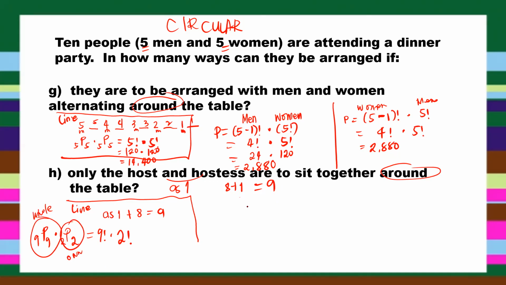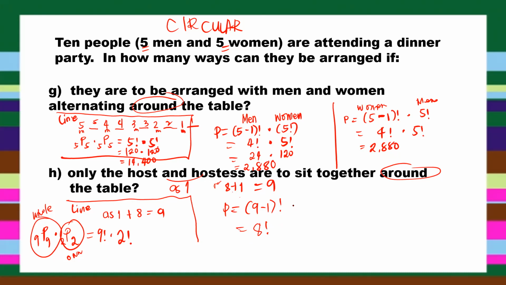So dito naman around the table, ang gagawin lang natin is we simply subtract 1 from here. We consider them as 1, so that's 1 plus 8. Ito yung remaining na upo individually. So we'll have permutation of 9 minus 1 factorial. So that will give us 8 factorial.